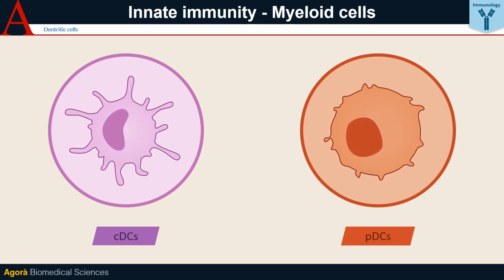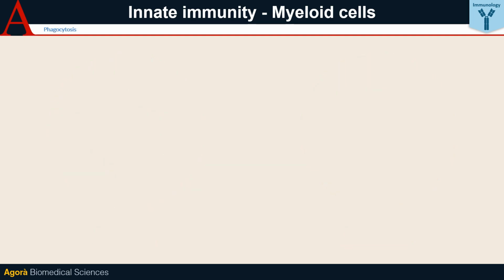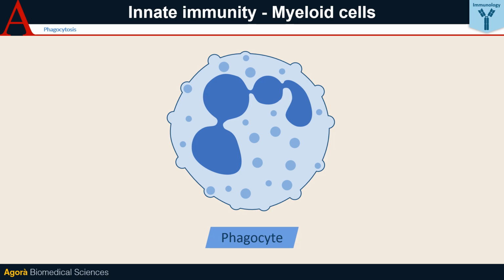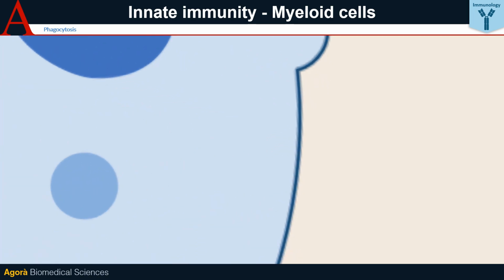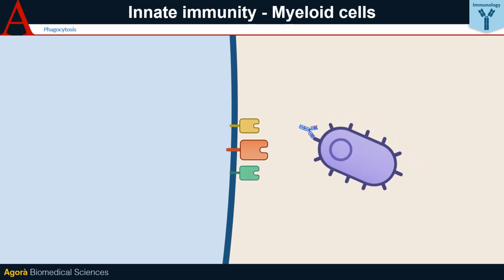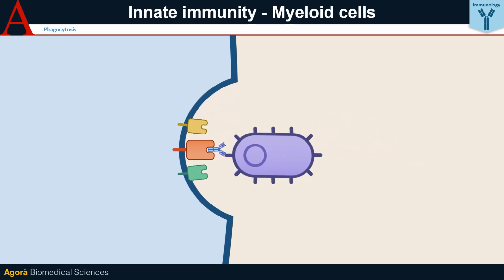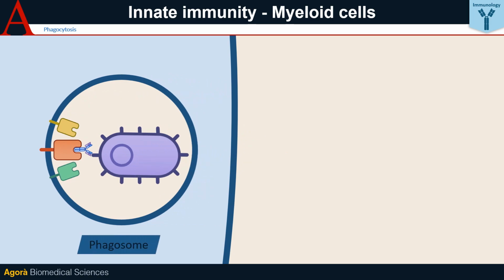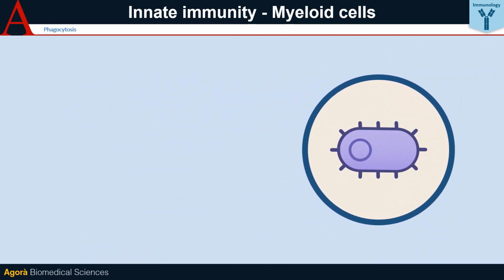But how does phagocytosis occur? Whichever phagocyte is involved, the process of phagocytosis takes place through common steps. Phagocytes can come into contact with pathogens thanks to the presence of certain phagocytosis receptors. As a result of this binding, the phagocyte is able to progressively absorb the pathogen in a vesicle that is called the phagosome.